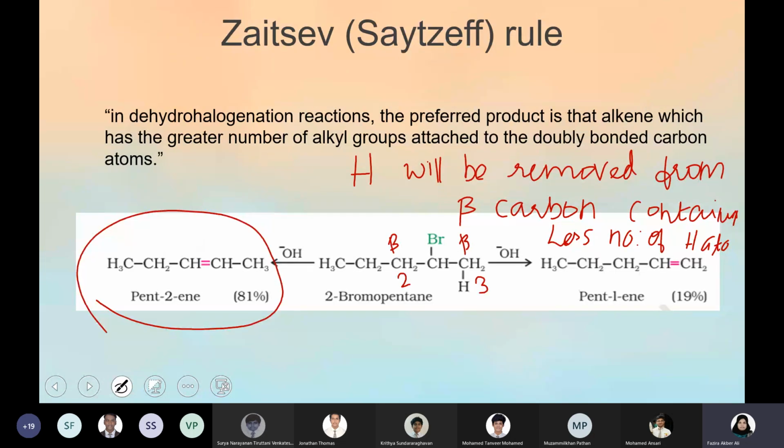This is what you will check. That is another way of explaining Zaitsev rule, and it's very easy in terms of hydrogen, because otherwise you have to write the products, and only then identify which is major or minor. But if you apply this way, you can just write the major product directly.